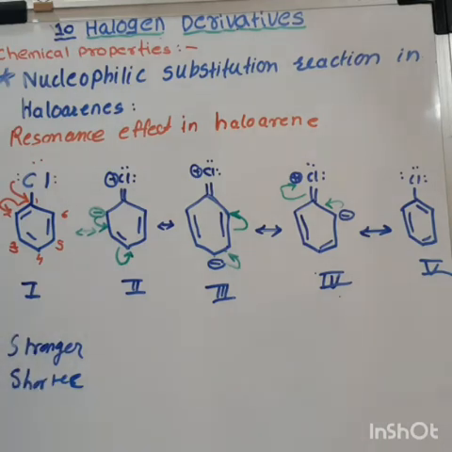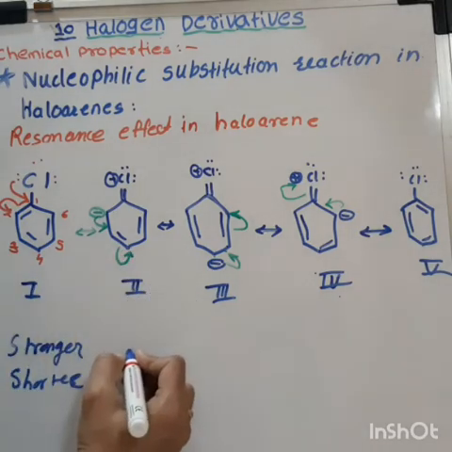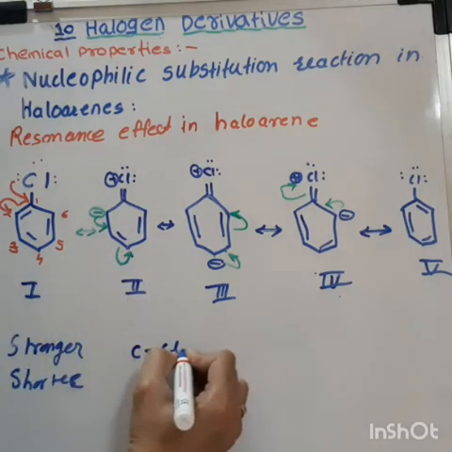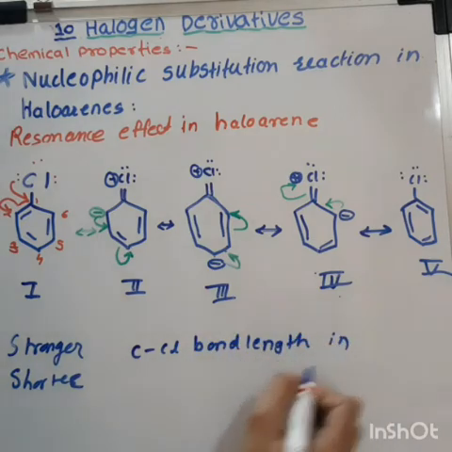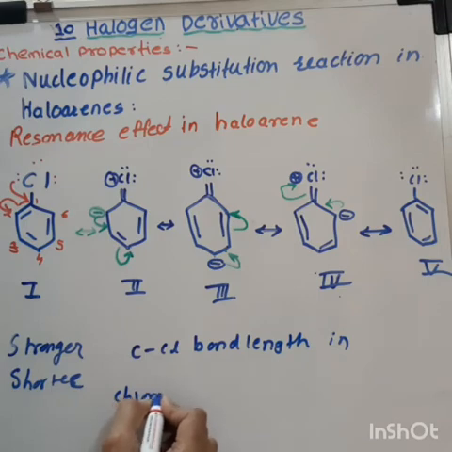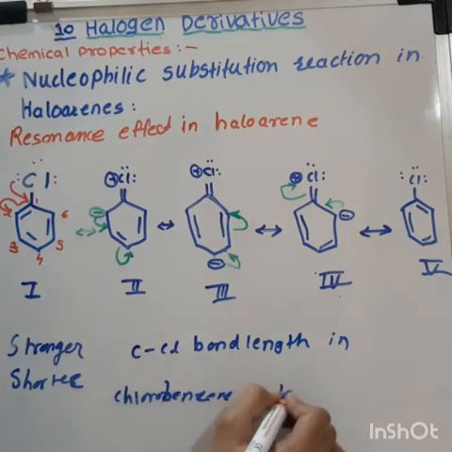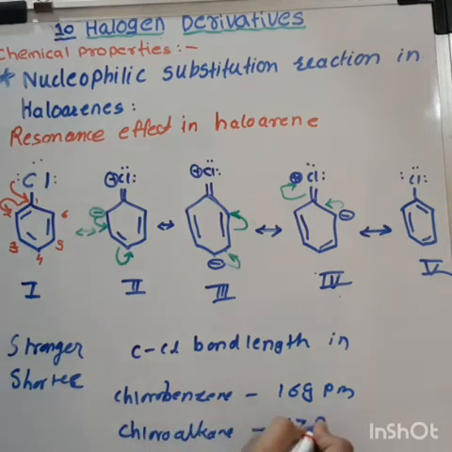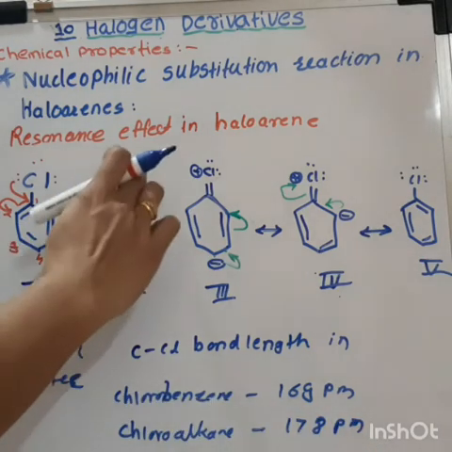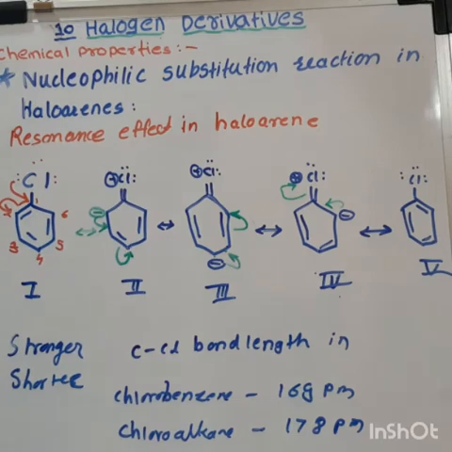The carbon-chlorine bond length in chlorobenzene is 169 picometer and in chloroalkane is 178 picometer. So it is difficult to break the carbon-chlorine bond in chlorobenzene.